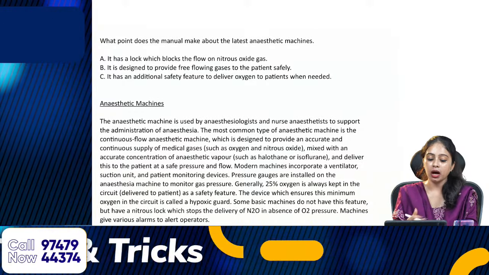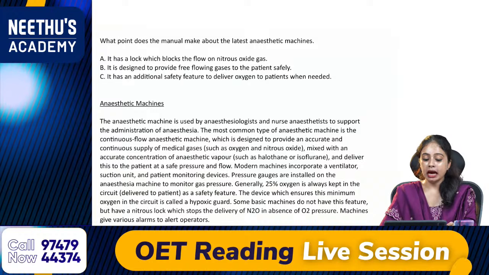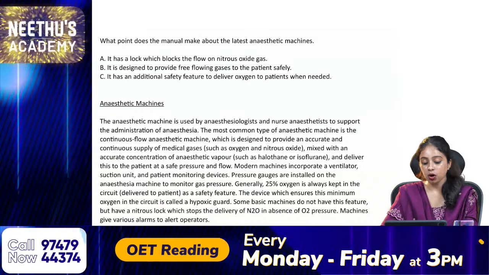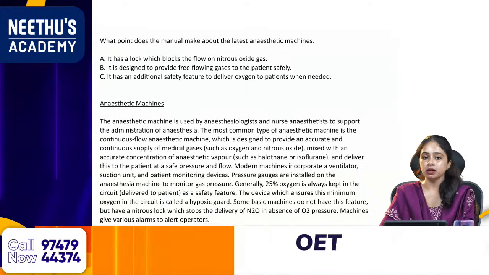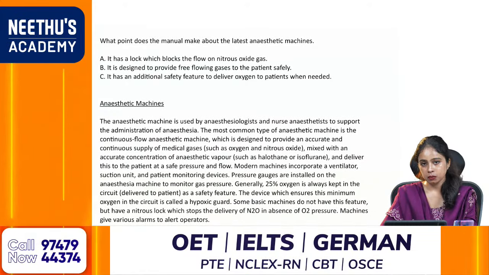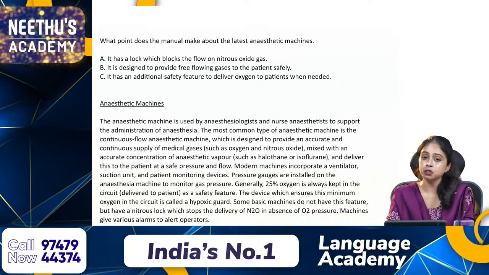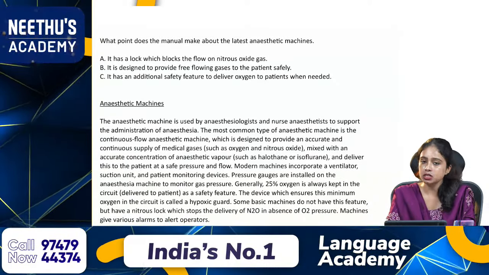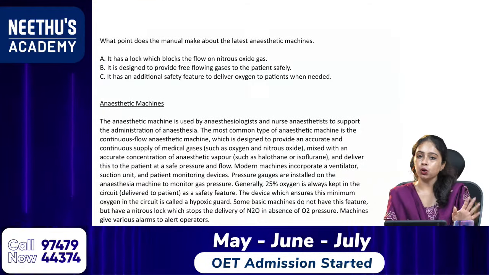That is the answer. So how can we eliminate options A and B? Option A says it has a lock which blocks the flow of nitrous oxide gas. There is a grammatical mistake, plus it is not mentioned here when you compare with the question about latest anesthetic machines. So we can eliminate option A. What about option B? Latest anesthetic machines are designed to provide free flowing gases.